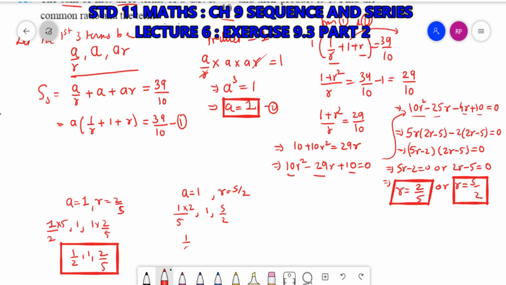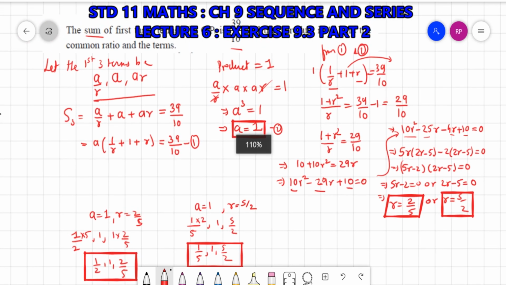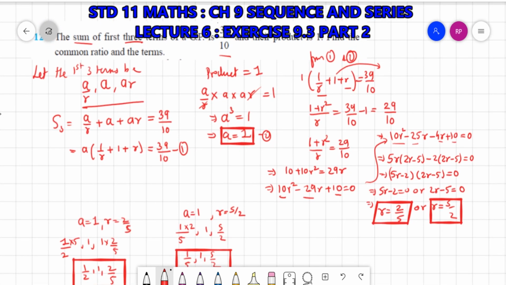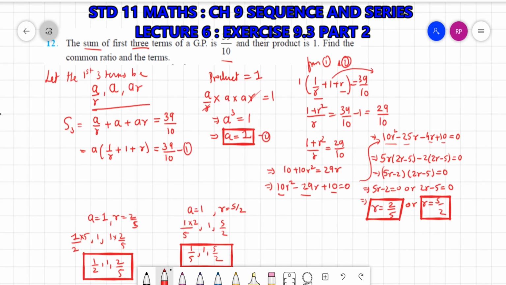So it's 2 by 5, 1 and 5 by 2. The geometric progression will be 5 by 2, 1 and 2 by 5, or 2 by 5, 1 and 5 by 2. So this was about question number 12. So just note it down.